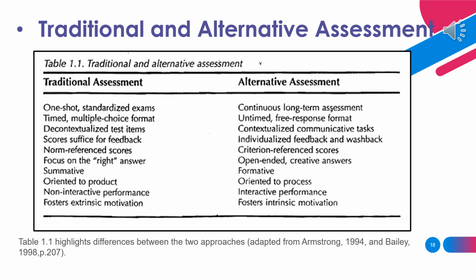Traditional and alternative assessment. Traditional assessment: one-shot, standardized exams, timed, multiple-choice format, decontextualized test items. Scores suffice for feedback. Norm-referenced scores, focus on the right answer. Summative, oriented to product. Non-interactive performance, fosters extrinsic motivation.